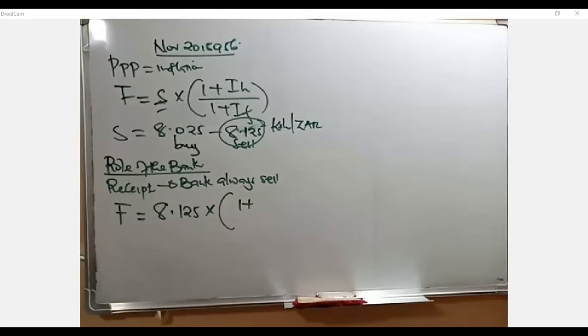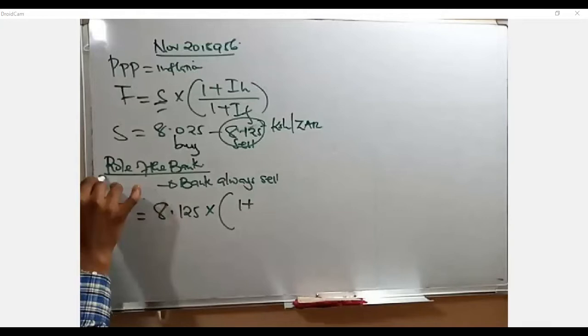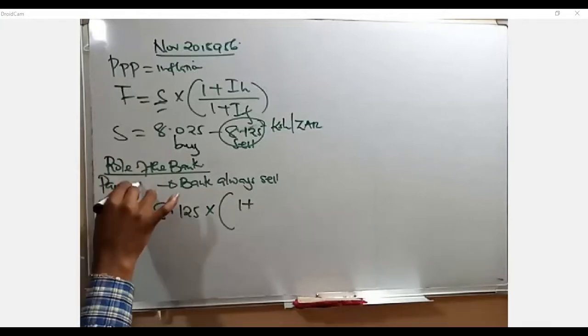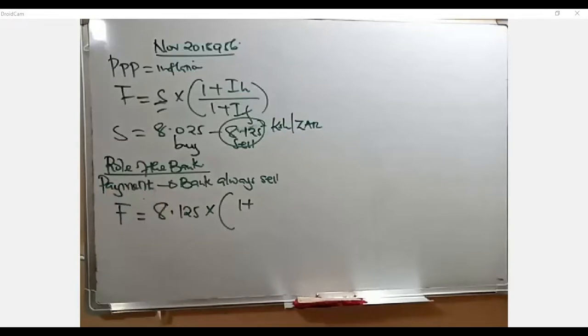Is it a payment we are doing? Is it a receipt or payment? Let me read the question again. A large manufacturing firm based in Kenya is tendering for an order. Good. We are making a payment. Sorry for that. Very good. It is a payment, and it means the bank will always sell. Thank you for that correction.